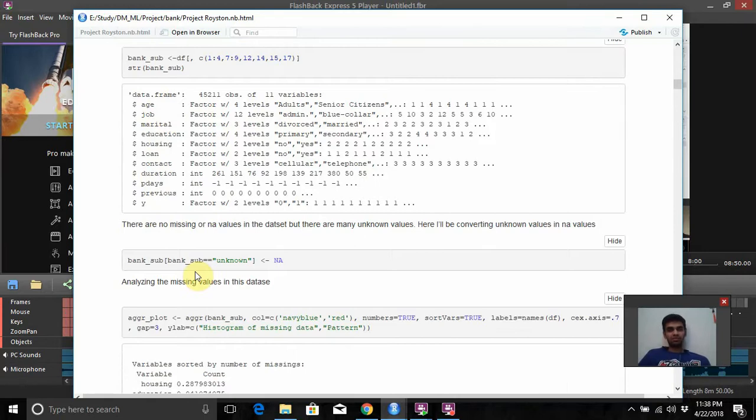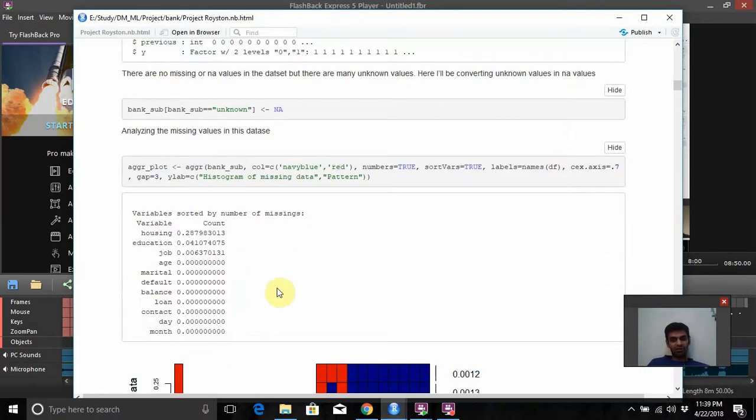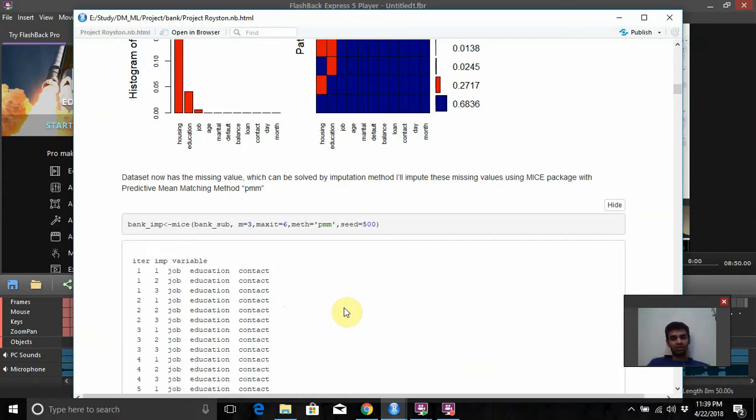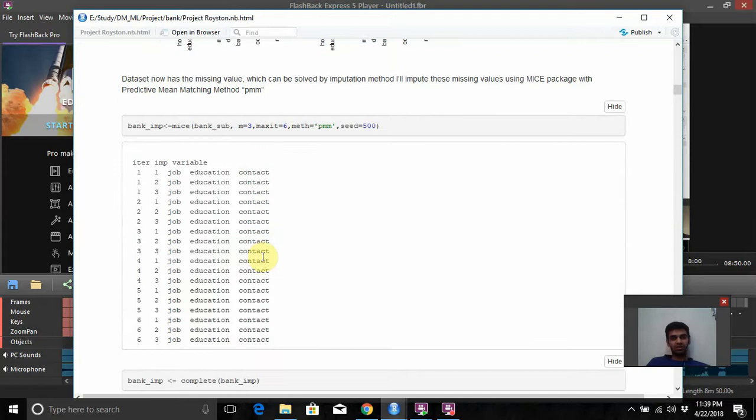There are no missing values in this dataset, but there are many unknown values, so I have considered unknown values as NA, and then I have plotted them. As you can see, those red patterns are the missing values in housing, education, and job. To impute the data, I'll be using the package mice, which will impute the data with the predictive mean matching method.